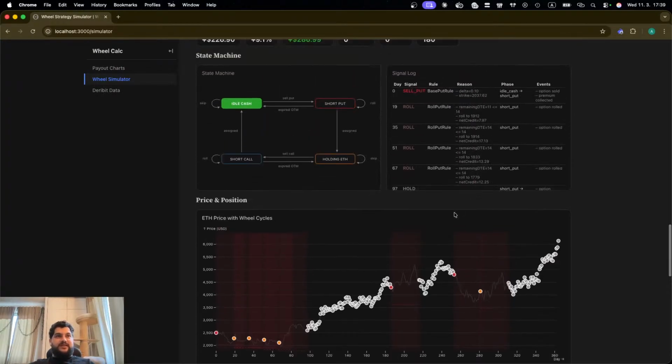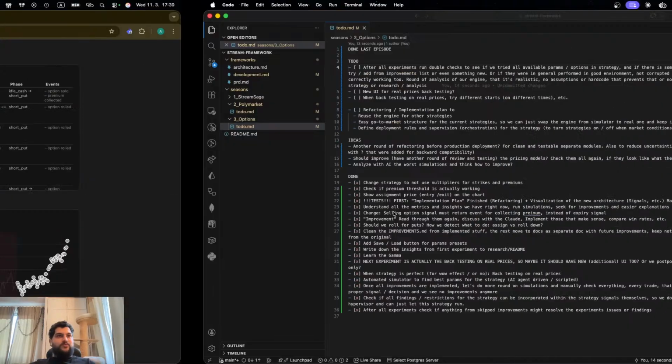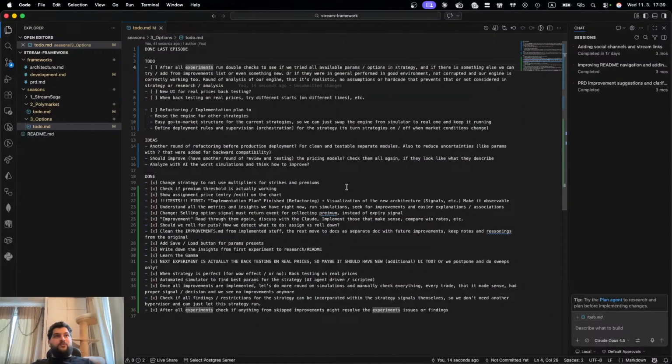Now I want to see the real part of Ethereum, the real strategy, how it's gonna work and how it's gonna earn or lose, all these different kinds of changes. Check different scenarios manually on the beautiful chart.